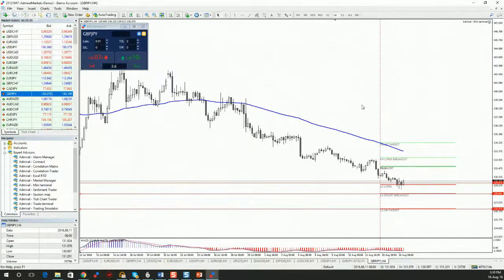If you followed my analysis yesterday, I told you that pound yen has confluence points, and I have done the analysis. Now, I also said, if pound yen breaks 129.70, it will go down, and it happened. It made 70 to 100 pips of a move when it broke that level.